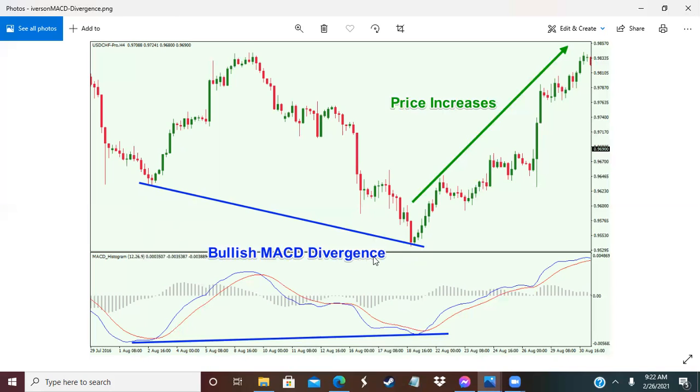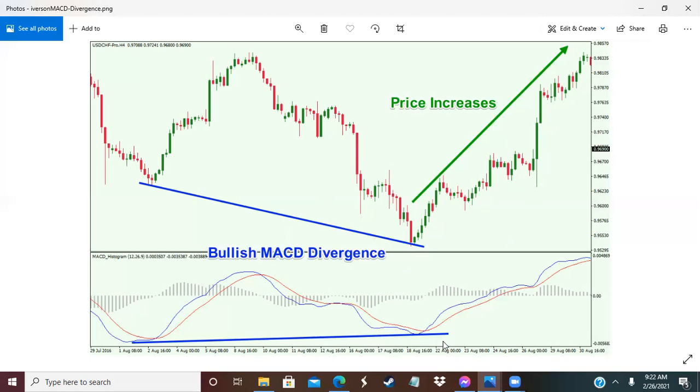And that is an indicator that there's about to be a reversal of the trend. So currently there's a downward trend happening with the stock. But when you spot this divergence, that lets you know that it's going to move into an upward trend. The stock's going to start moving up. And it does. The price increases.